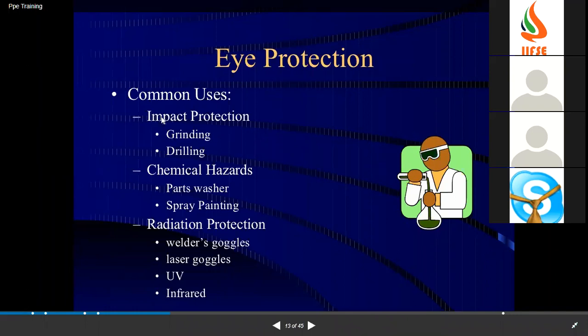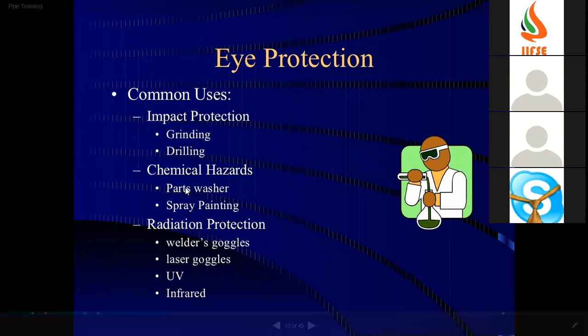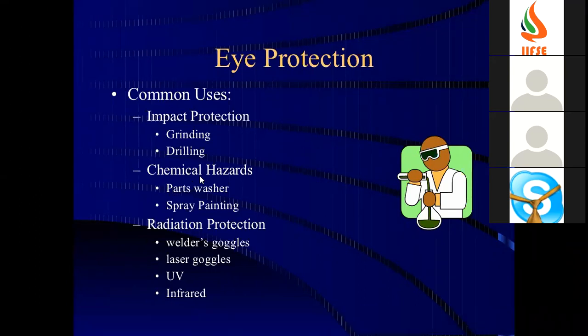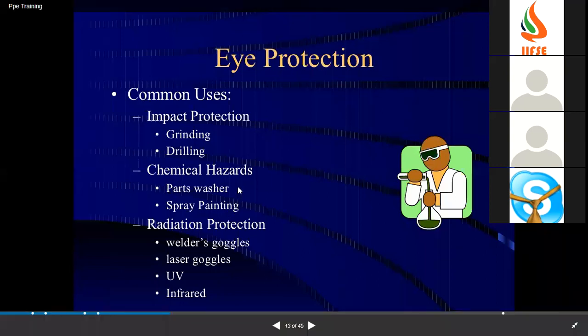For impact protection, they will be using hard eye gear or full face protection. Okay, fine. Chemical hazards: parts washers, spray painting. When they wash the parts of mechanical items or any maintenance work is being done, chemicals may come in contact with the eyes.